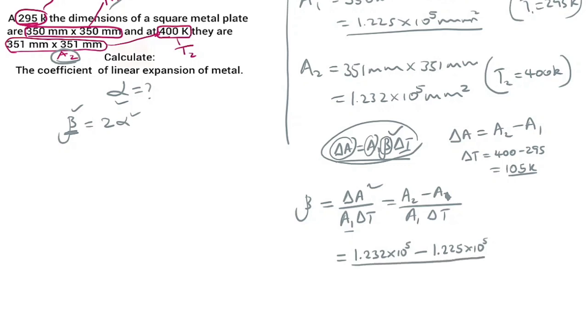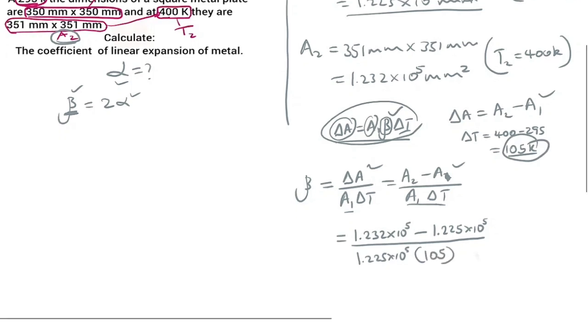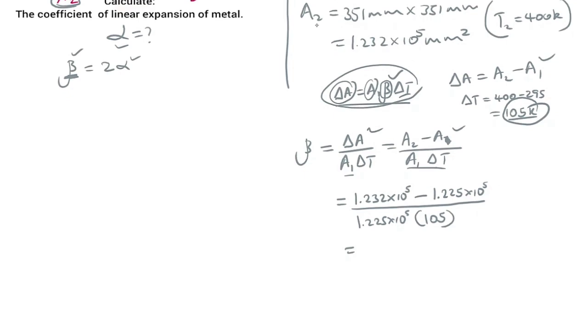Then divide all by area 1, which is 1.225 times 10 to exponent 5, times the change in temperature, which is 105. Then from here we get the coefficient of area expansion to be 5.44 times 10 to exponent negative 5 per Kelvin. This is going to be 54.4 times 10 to exponent negative 6 per Kelvin.